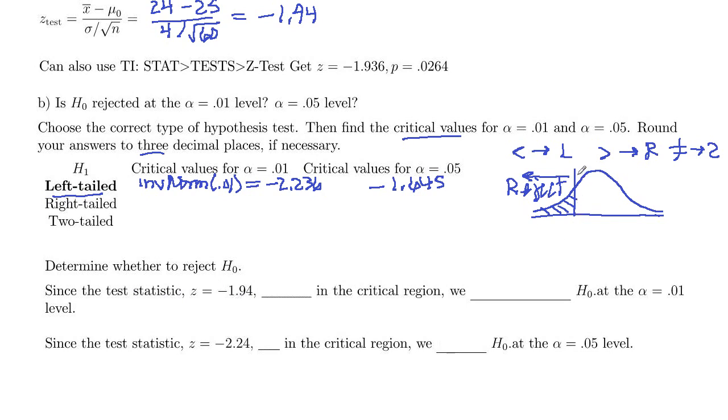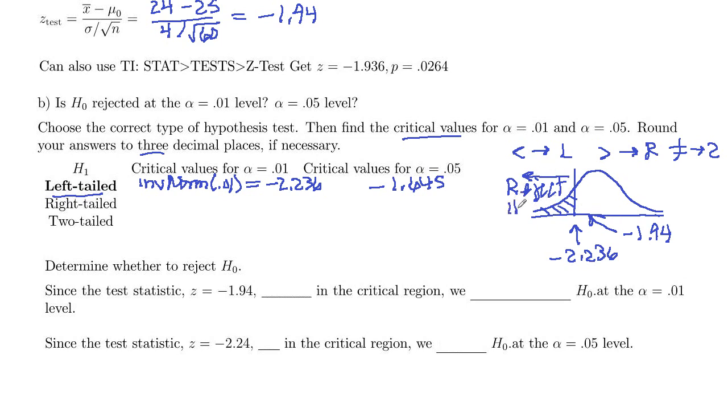So this is our critical value for, let's see, alpha is 0.01. This will be negative 2.326. And our test statistic is negative 1.94, which is to the right. So here is our test statistic, negative 1.94. It is not in the rejection region.